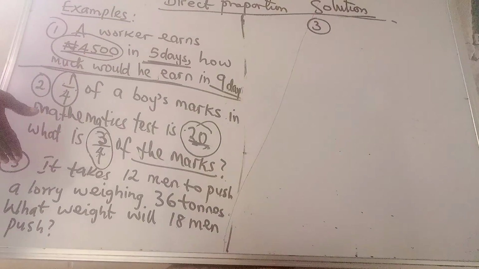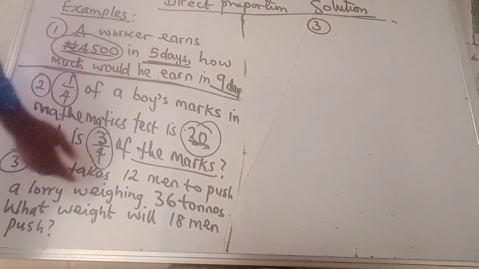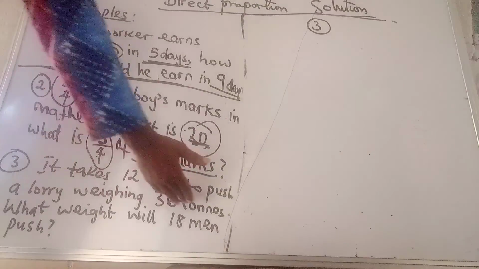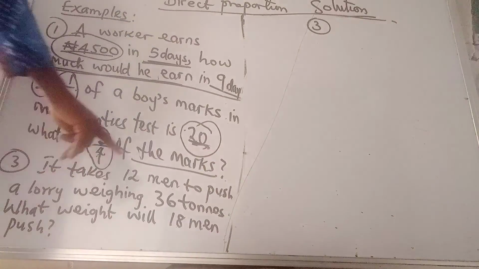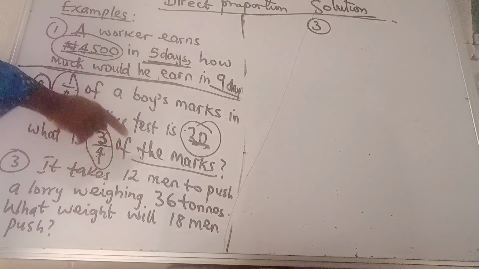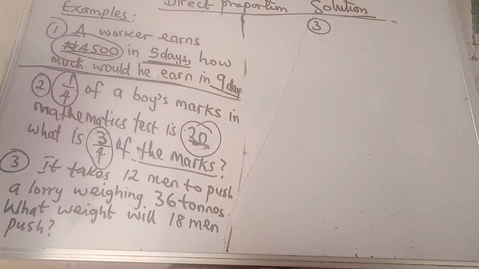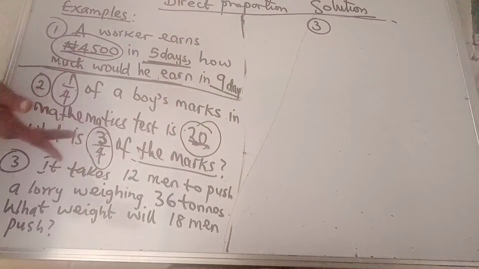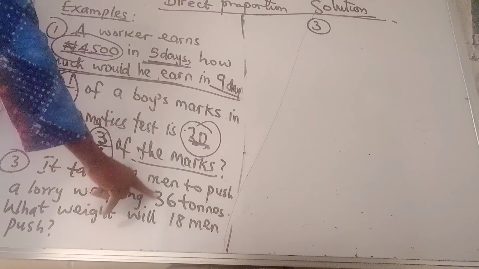In the last example question, it takes 12 men to push a lorry weighing 36 tons. What weight will 18 men push? We should know that if the number of men has increased from 12 to 18, definitely 18 men should push more than what 12 men did. That means the answer we are going to get must be more than 36 tons.